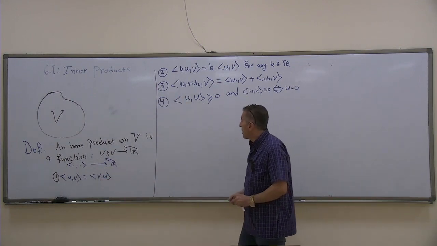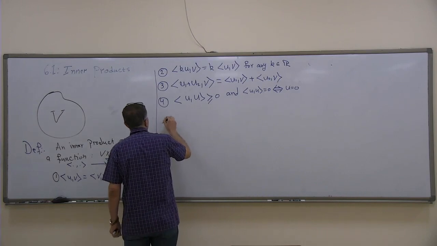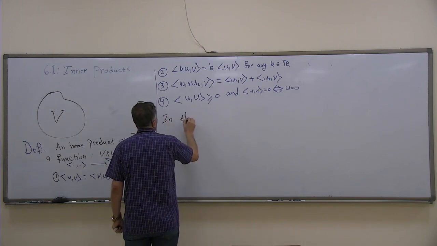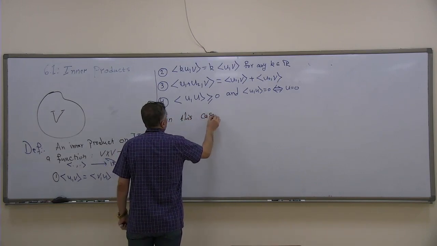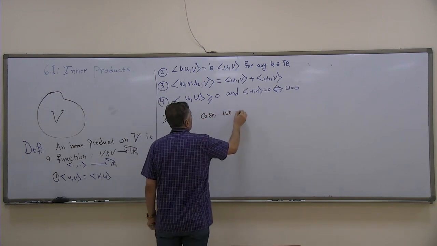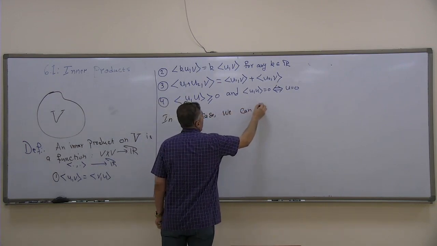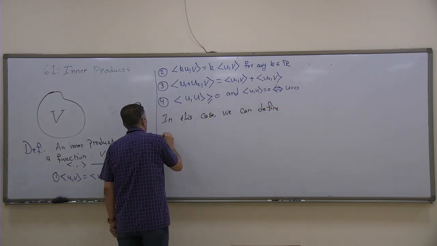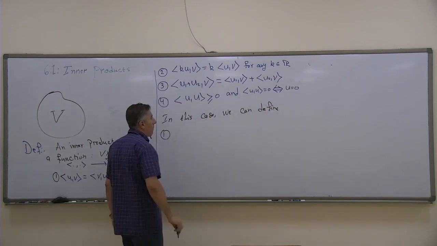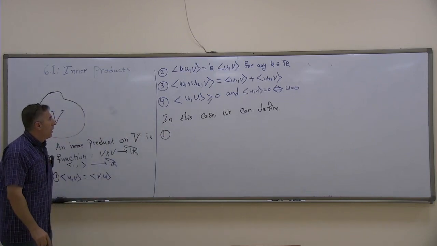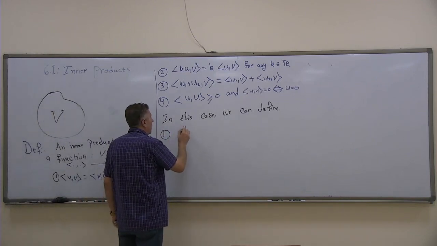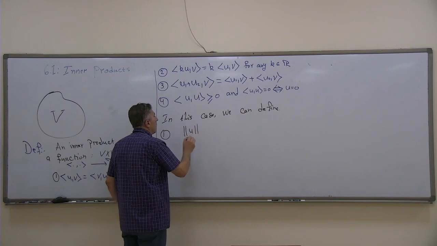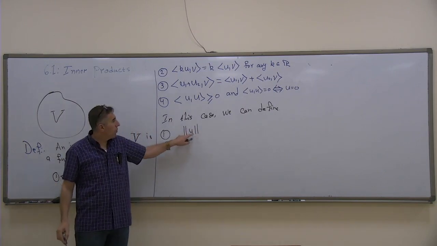In this case, we can define, number 1, the length of a vector. The length of a vector u, we are using this notation for the length.